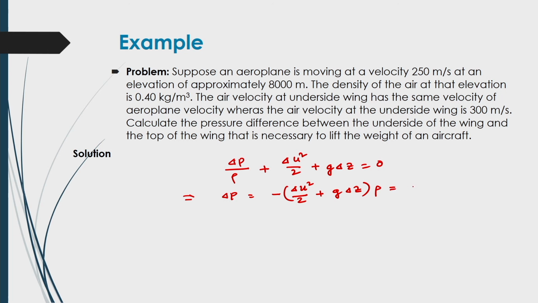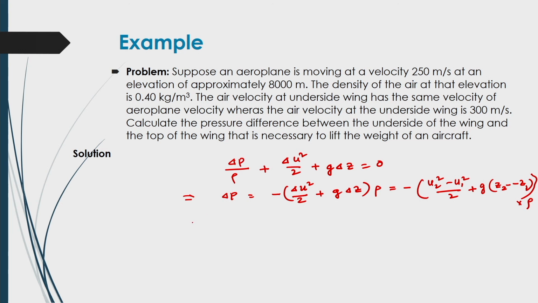Or you can write it as minus U2 square minus U1 square by 2, that is the velocity difference and accordingly the kinetic energy difference, plus g into the elevation height Z2 minus Z1, into density.